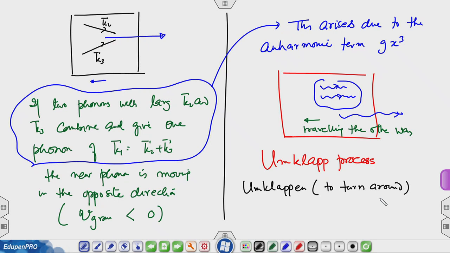That means, if the energy was being taken to one side, suddenly these two phonons get scattered, and its effect is that their energy now is actually going the other way. So, this is a scattering mechanism that limits the conductivity of heat going one way, and that is the one that is going to give rise to that e raised to constant divided by T, and that is what I am going to show now.